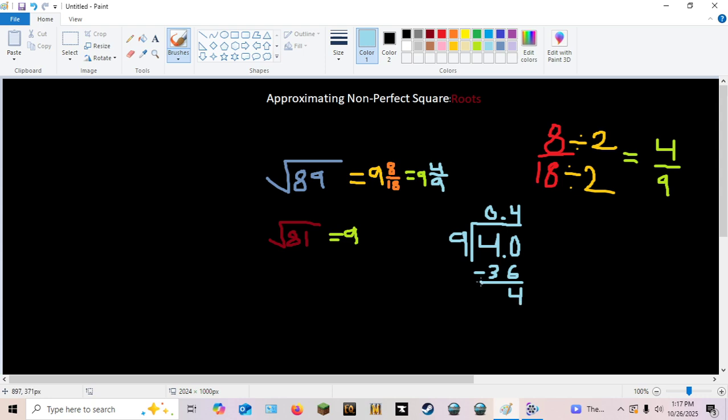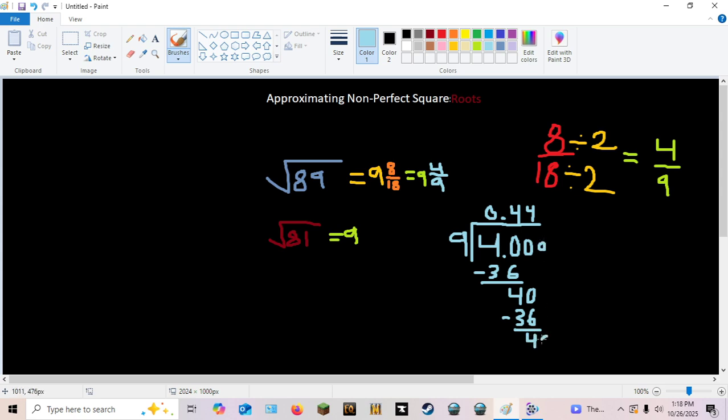And then we need to bring down another 0. 9 goes into 44 four times. 40 minus 36 is 4.